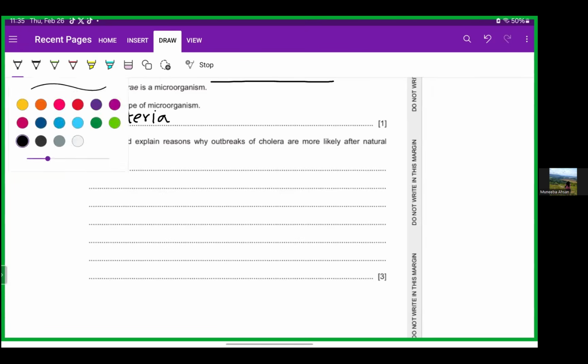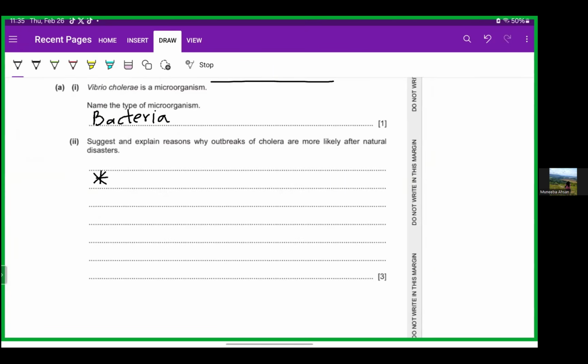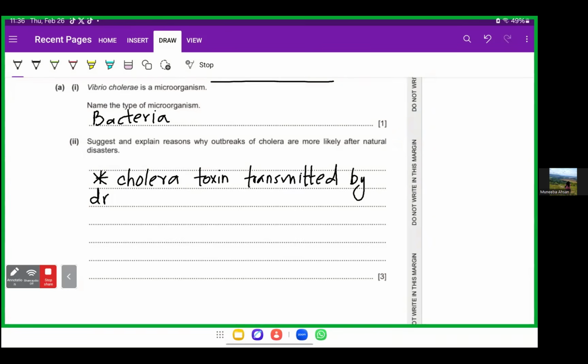So first of all, after the earthquakes, what happens? First of all, you should know that cholera is transmitted by drinking water which is contaminated.